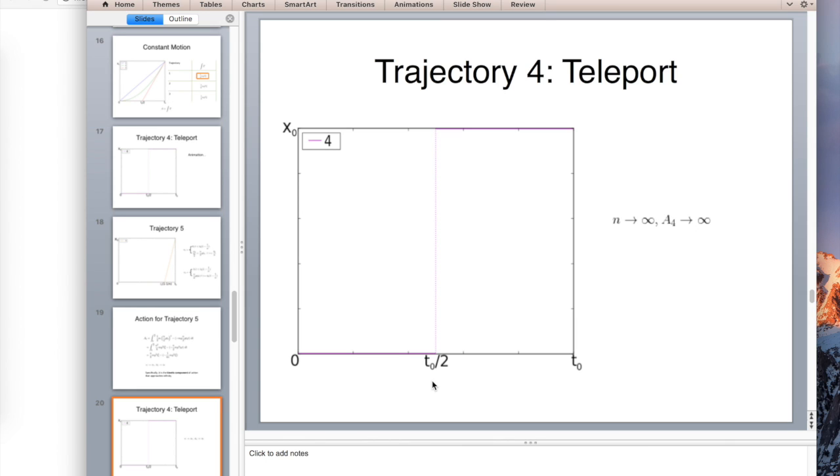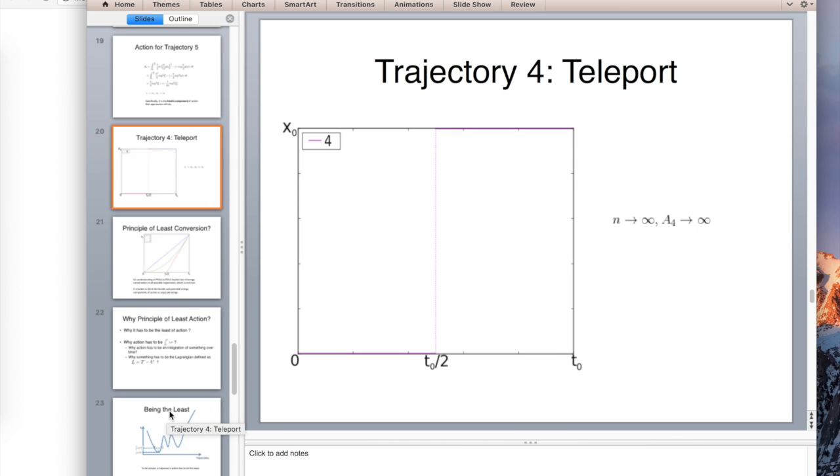It actually makes sense, because when the ball is teleporting at half T0, it moves a certain distance using 0 time, so the velocity will be infinite. The kinetic energy, which is proportional to the squared velocity, will be even more infinite. So it makes sense for its action to be infinite. That's why teleport is not allowed in our world.